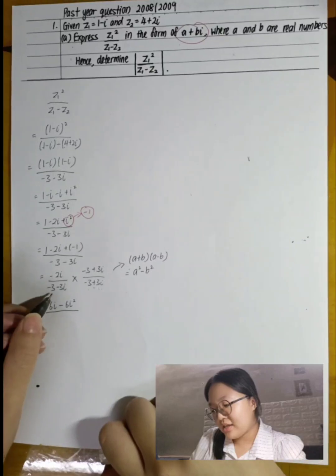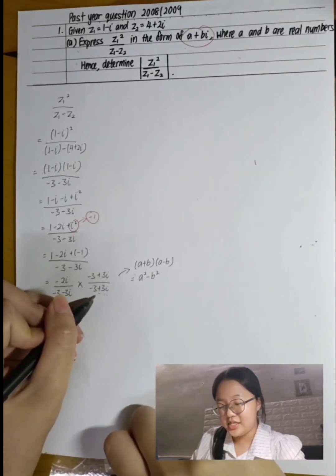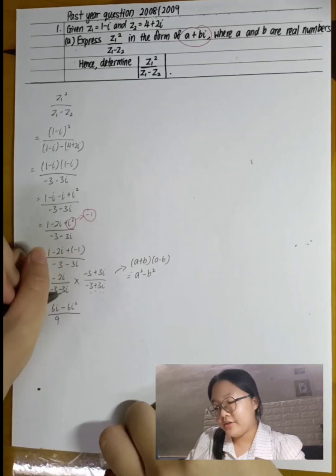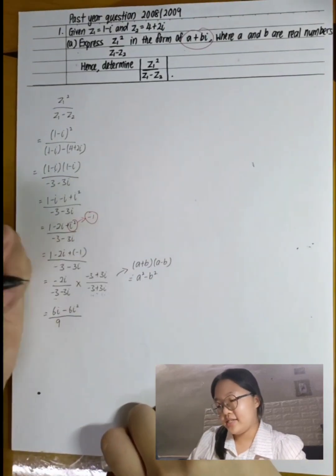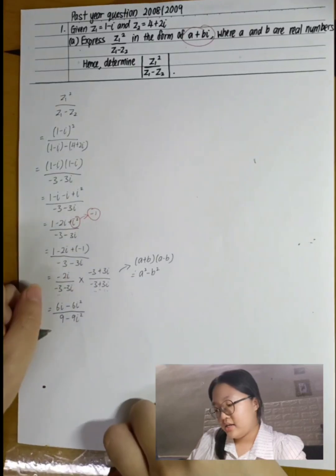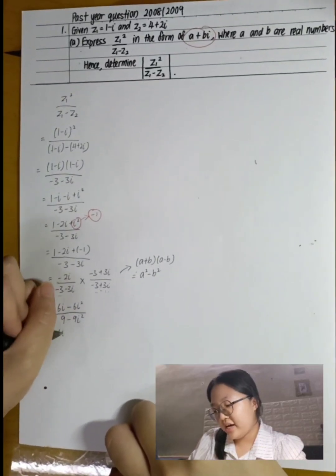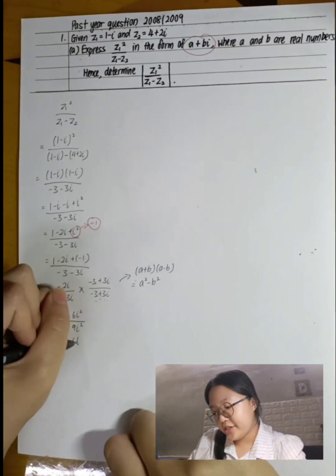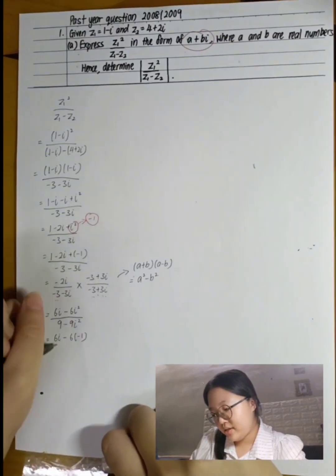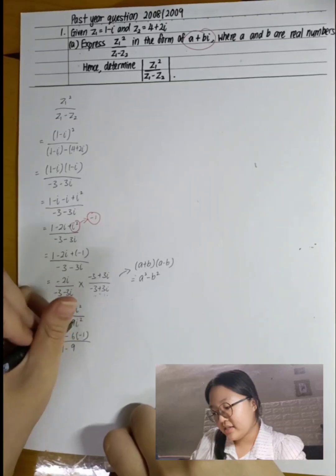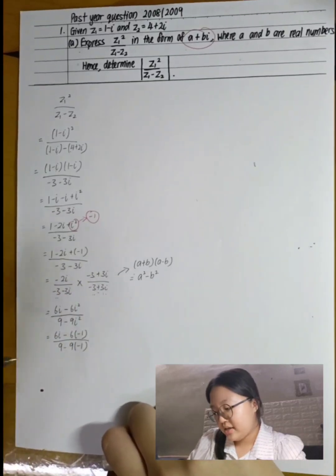So negative 3 times negative 3 is equals to 9. Negative 3i times 3i is equals to negative 9i squared. So 6i minus 6i squared, we have to change it to negative 1. 9 minus 9i squared, change it to negative 1.